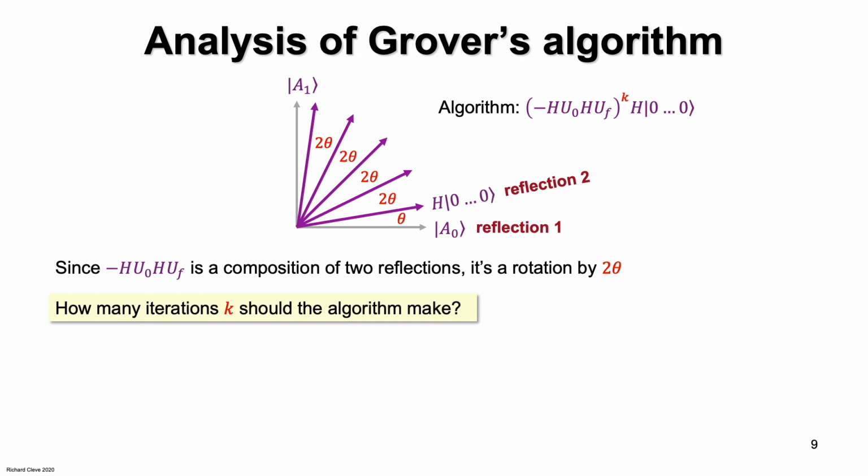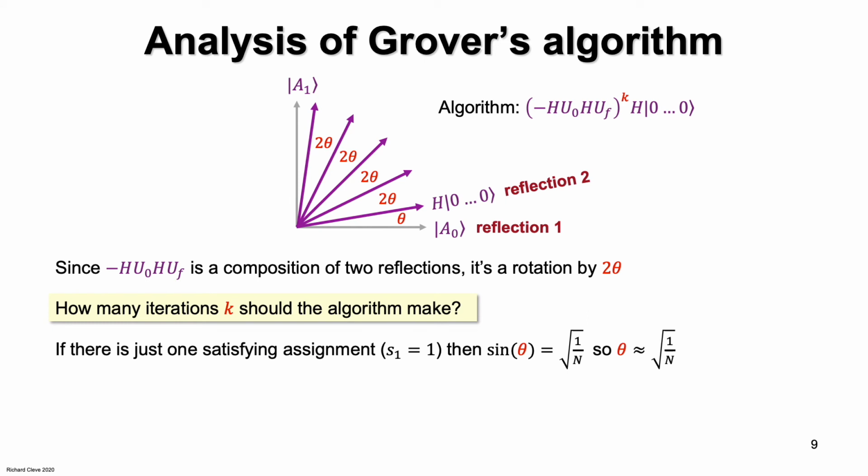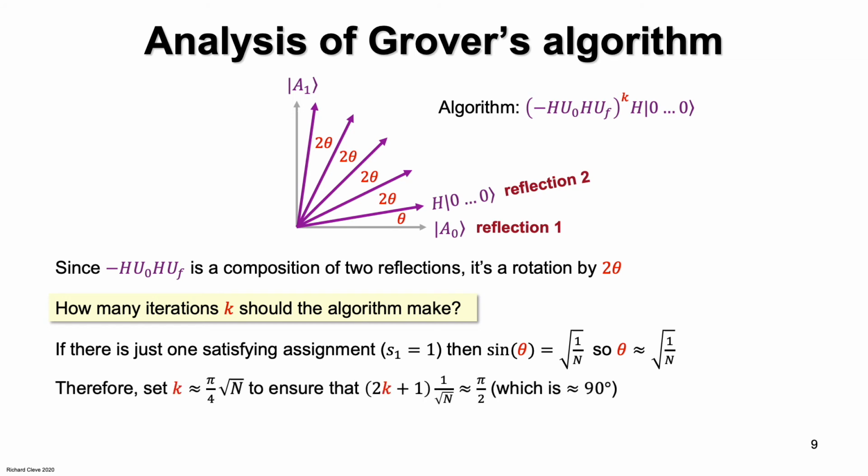First, let's consider the case where there is one satisfying assignment, that is, where S1 equals 1. In that case, sine of theta equals 1 over square root n. Since 1 over square root n is small, this means that theta is approximately 1 over square root n. Then setting k to pi over 4 square root n, rounded to the nearest integer, causes the total rotation to be around pi over 2 radians.